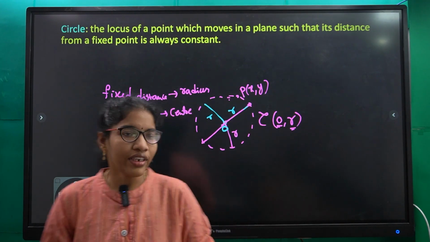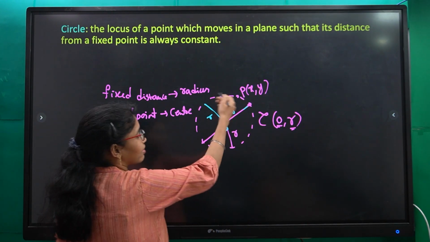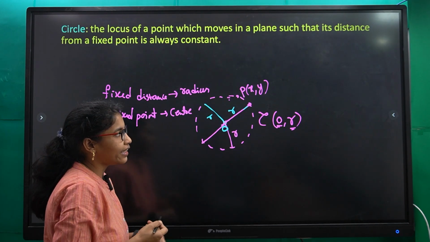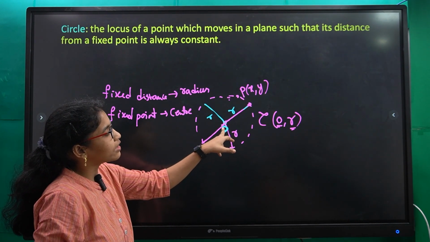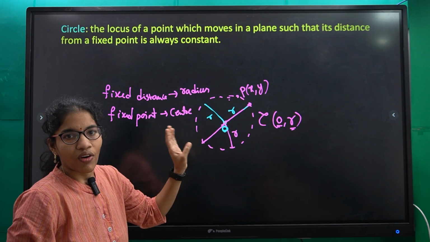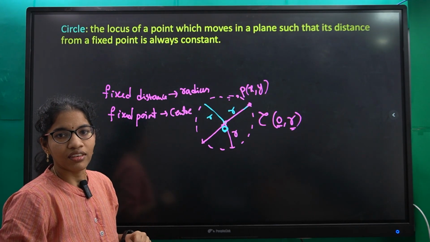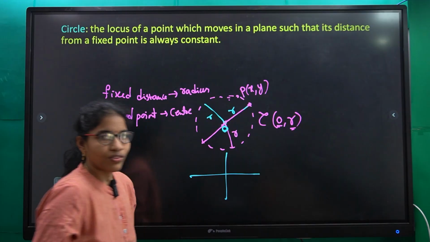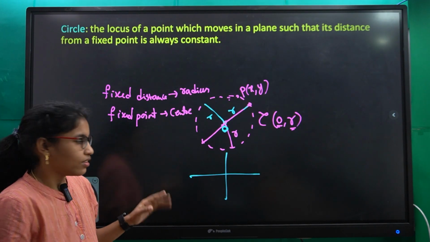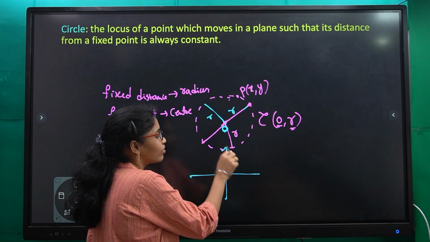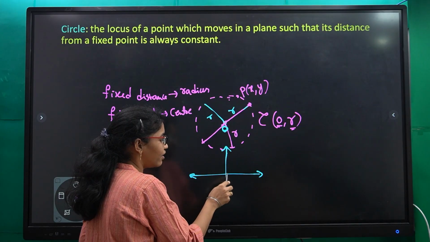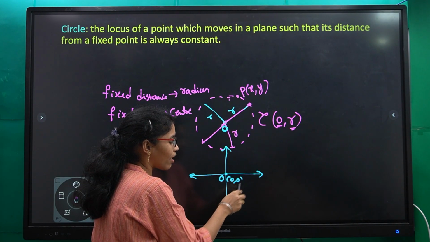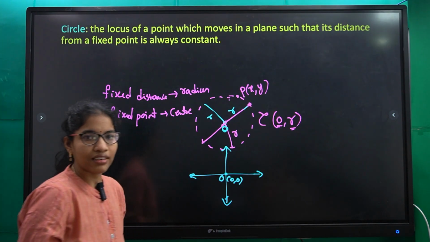Now here, this is a fixed distance, always a fixed distance. Suppose you take the center of this circle at the origin, meaning 0 comma 0, because we are talking about the coordinate axes, right?